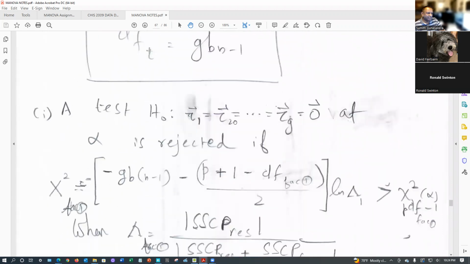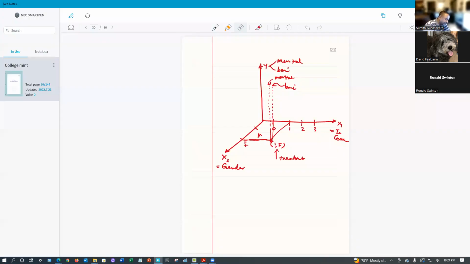MANOVA for that one. You can write it as an effect model, or you can write it like this. Let's say you're interested in factor 1, which is income. How are you going to write your H0?